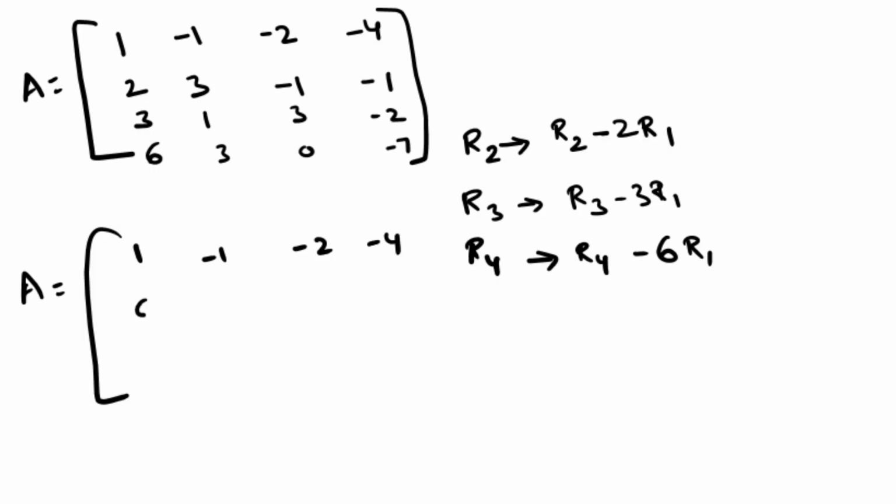In the second row this value will be 0. Here 3 minus of -2 is 5, 3, 7, 0, 4, 9, 10, 0, 9, 12, 17.